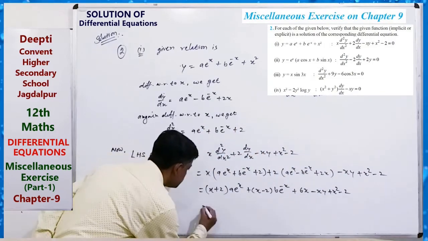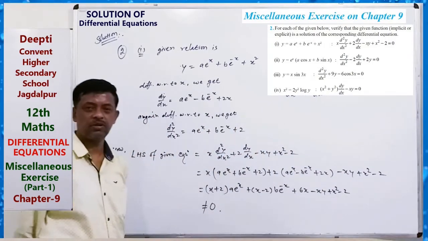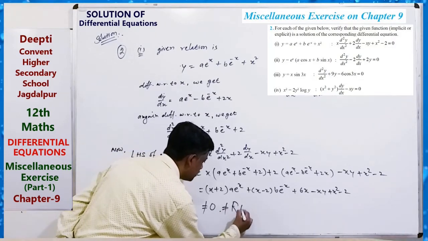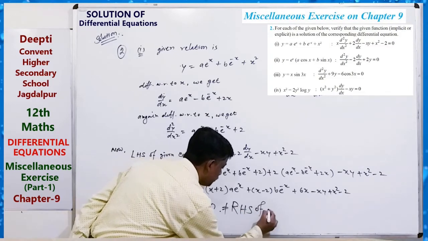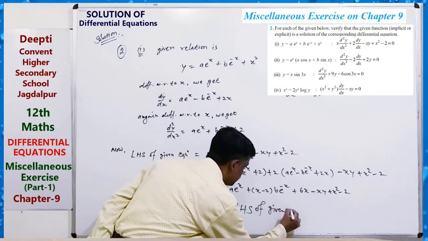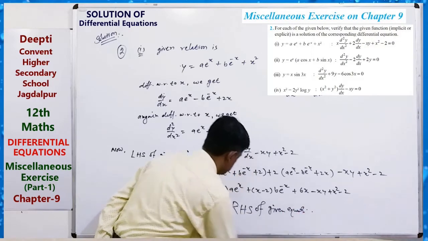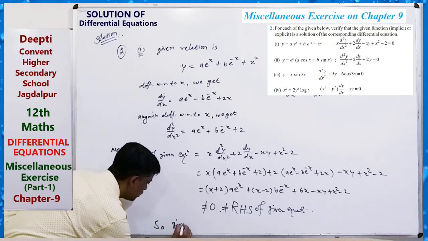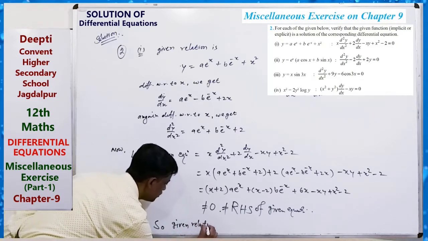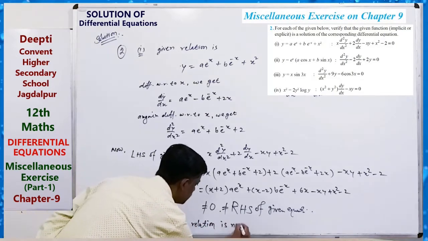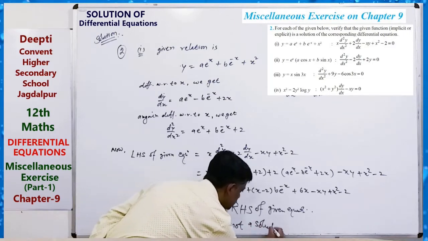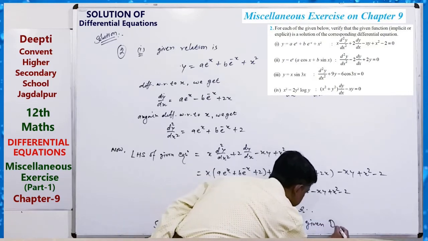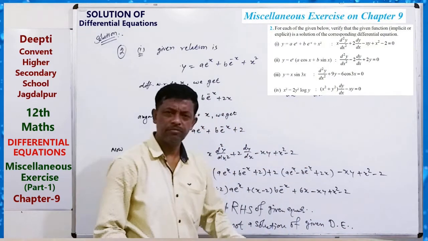This is not equal to 0. This is not equal to the right hand side of the given equation. So the given relation is not a solution of the given differential equation.